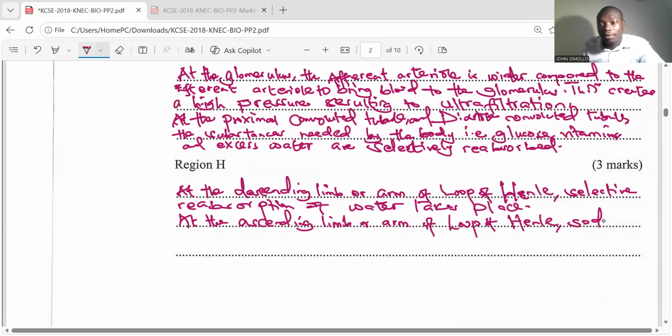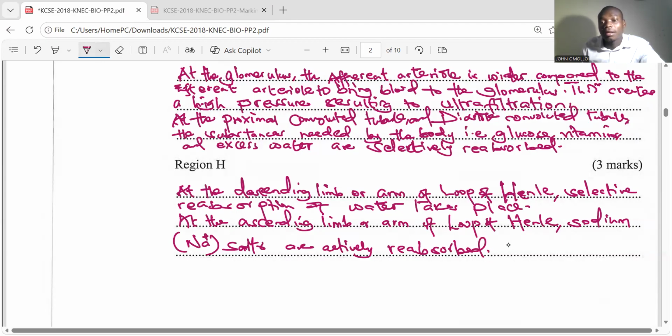Sodium salts, in bracket Na, sodium ion salts or sodium salts are actively reabsorbed.